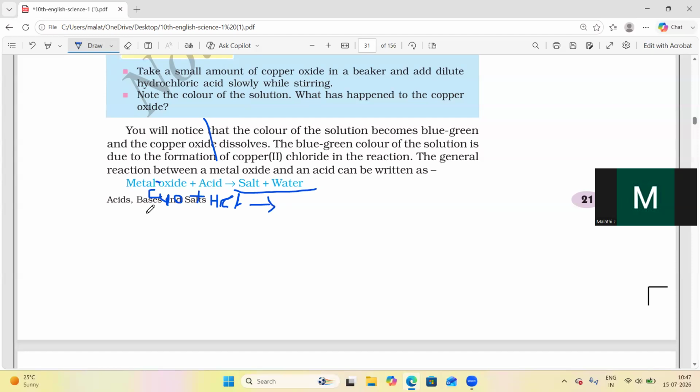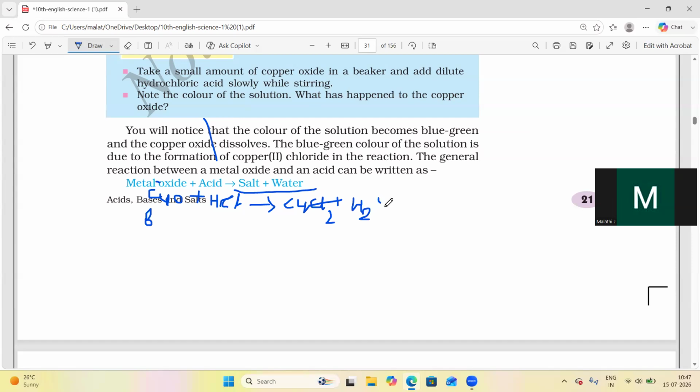Copper oxide is black in color. The products you get are copper chloride, the salt, CuCl2, plus water, H2O.